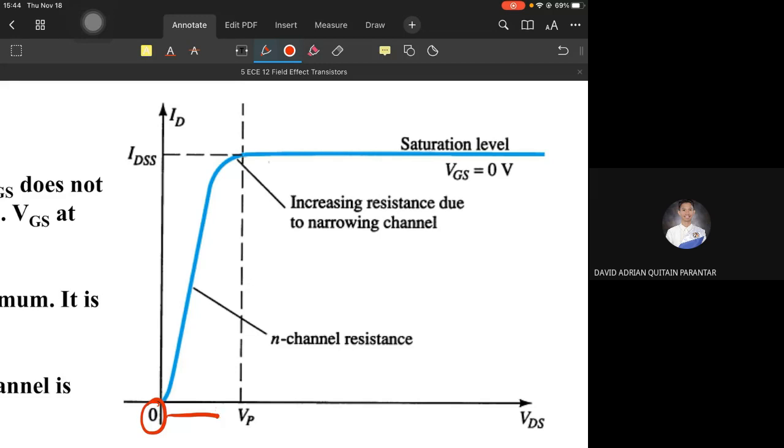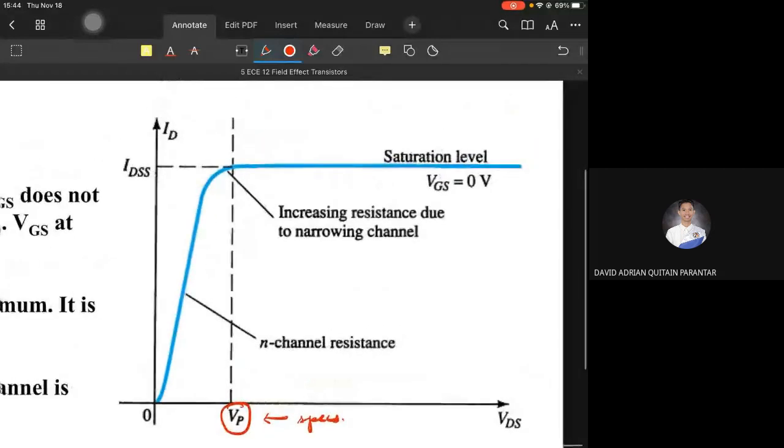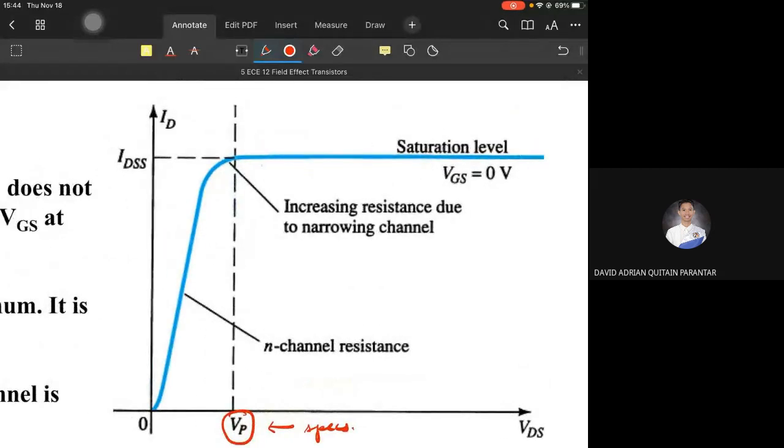But once VP is reached, and this value can be found in the specification sheet, so VP is already in the specs, or when analyzing circuits, it is given. Once VP is reached, the current will no longer increase. It doesn't stop flowing, but it won't increase anymore. It will stop increasing at this value that we call IDSS.